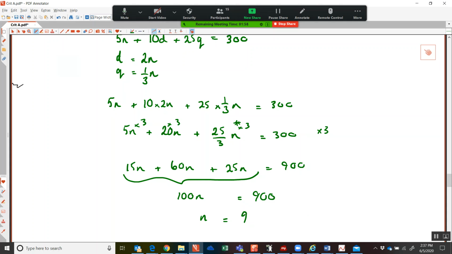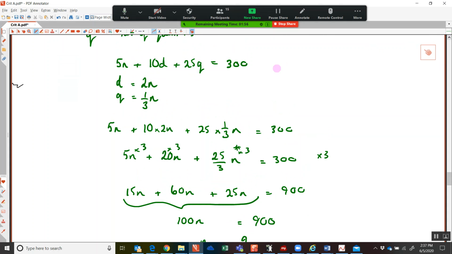Now we're sorted, because if n is 9, d is 2 lots of 9, and q is 1/3 of 9. So 9, 18, and 3. So that's the number of nickels, that's the number of dimes, and that's the number of quarters. Okay?